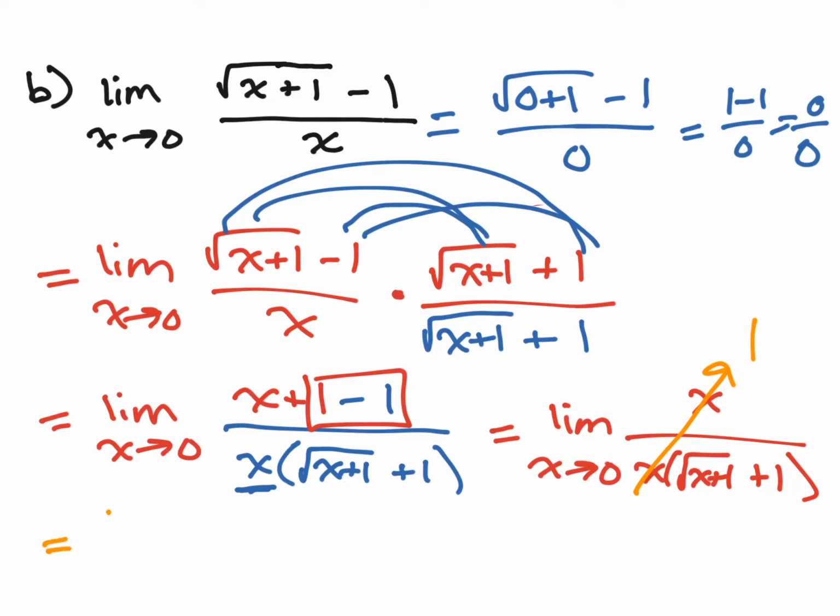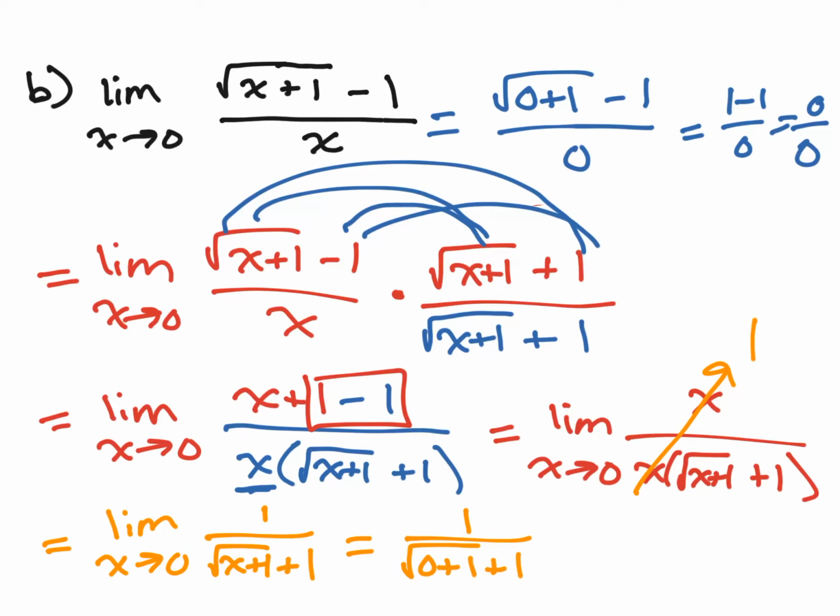So we have the limit as x approaches 0 of 1 over the square root of x plus 1, and now I can do direct substitution. I get 1 over the square root of 0 plus 1, well, that's the square root of 1 plus 1, which is 2, right? So I'm going to get 1/2.